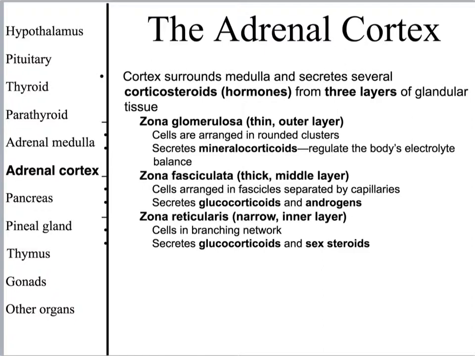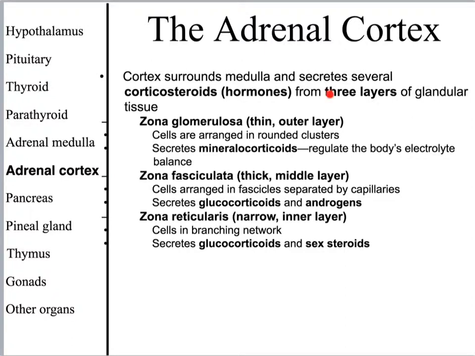But here in this chapter, whenever you see cortex, it's going to mean adrenal cortex. The adrenal cortex secretes steroid hormones. Corticosteroids, technically, because cortico means from the cortex, and steroids are a type of lipid-soluble hormone.